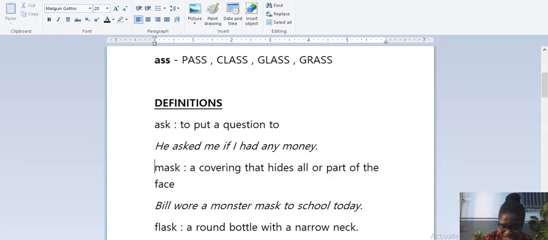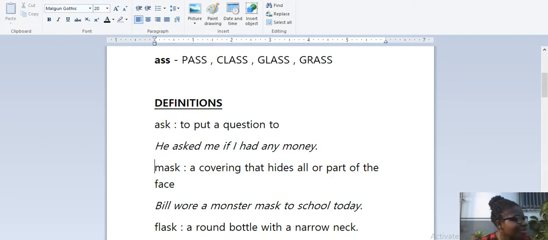Now we have mask. This is a word I'm sure you've all heard, God knows how many times, given this coronavirus situation we are all in. You've heard mask, even jokes about it. Now a mask is a covering that hides all or part of the face.